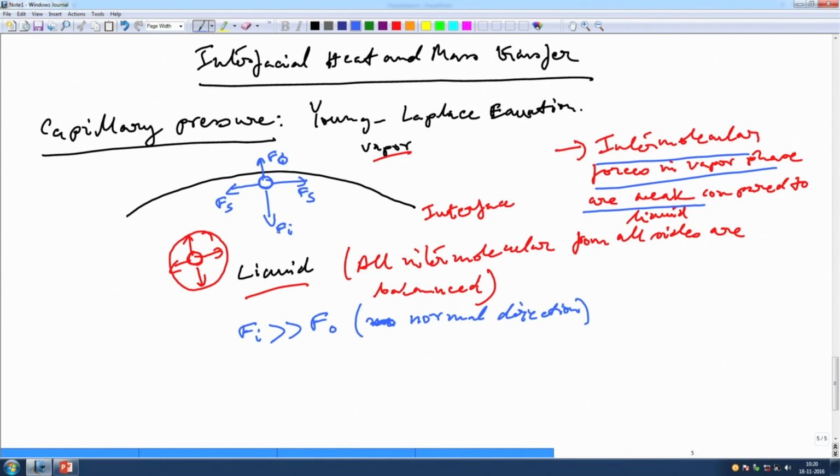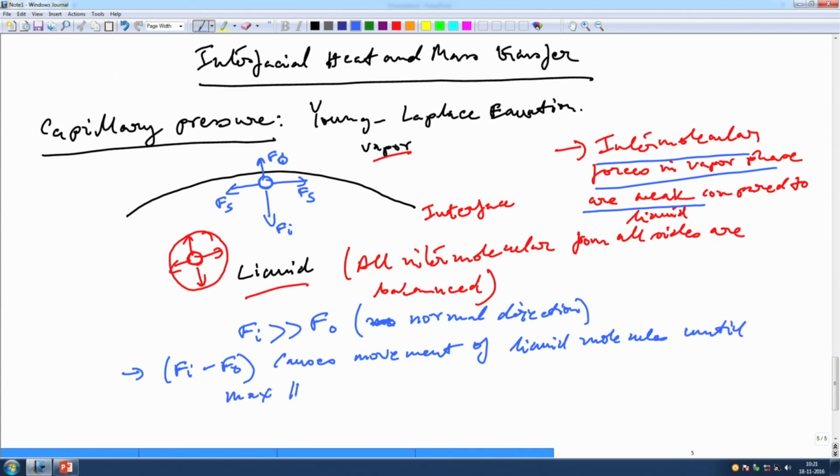So in other words, Fi minus F0, this differential, causes movement of liquid molecules until the maximum number of molecules lies in the liquid interior.